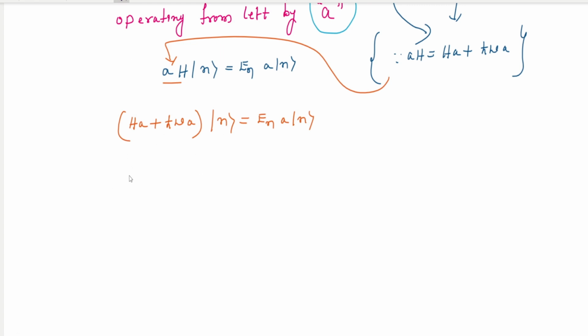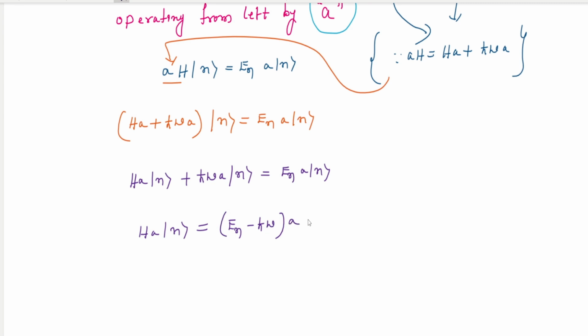Then I'm going to split this equation: HA into n plus h cross omega A into n equals En A into n. Then H A n equals (En minus h cross omega) into A n.